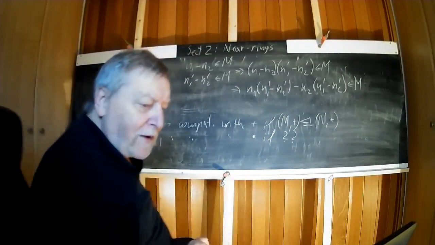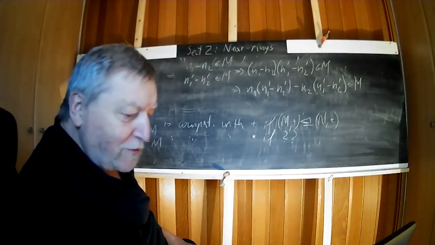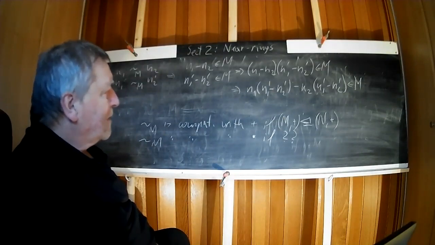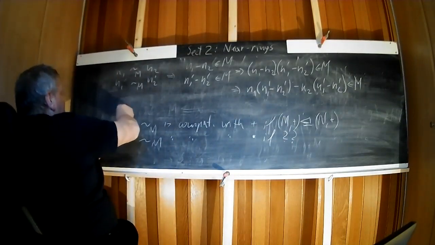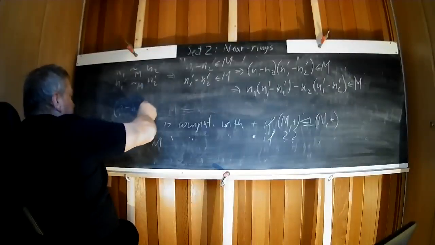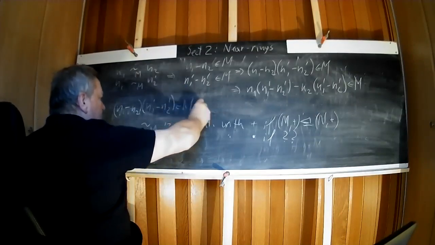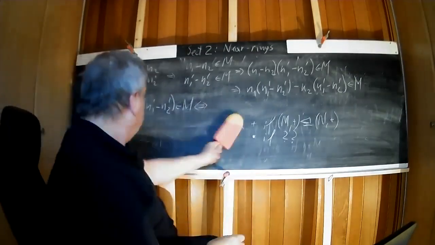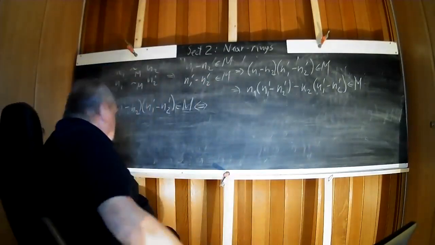And one can easily show, and we could do this perhaps as an exercise, that (N1 minus N2) times (N1 prime minus N2 prime) is in M if and only if two conditions hold.